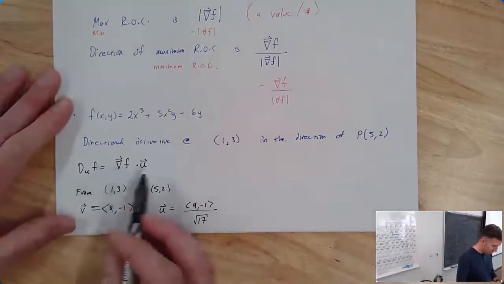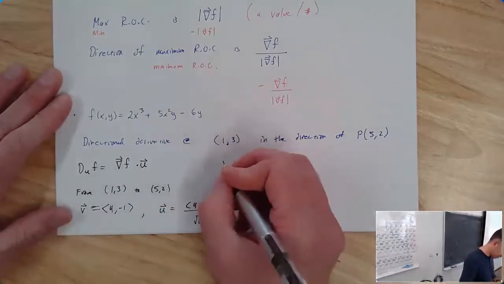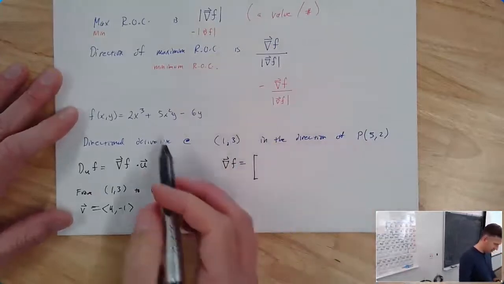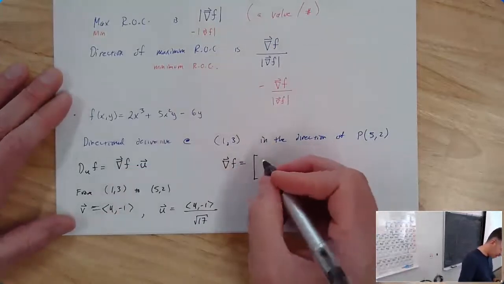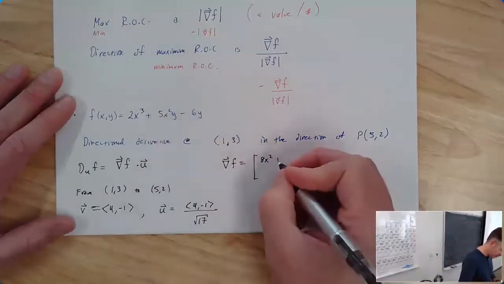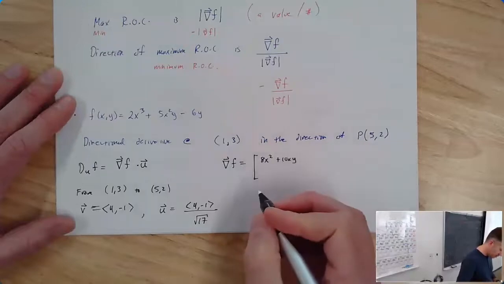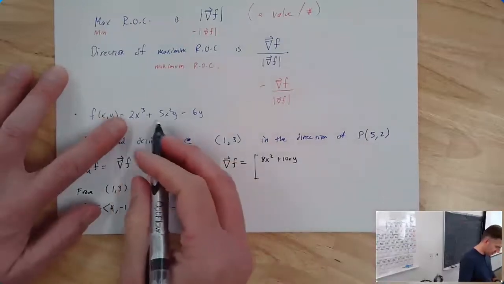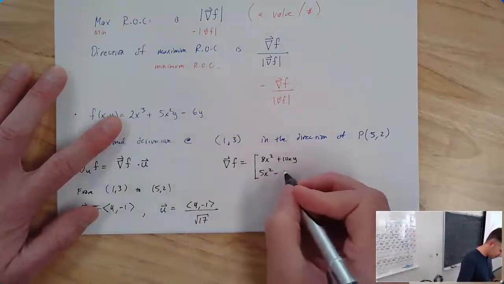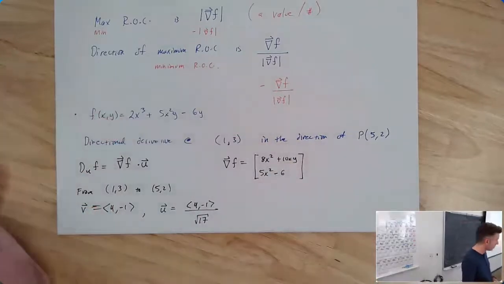And then our gradient, just like every time, is going to be the partial with respect to x, so that's going to be an 8x squared plus a 10xy. And then the second component is going to be a 5x squared minus 6. I think.